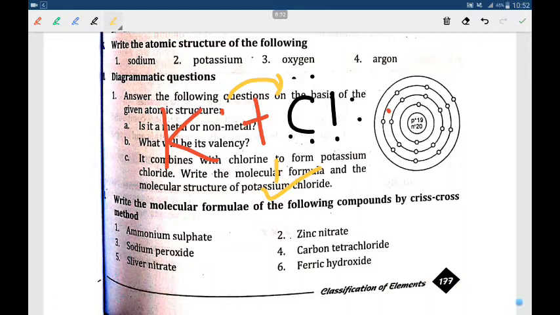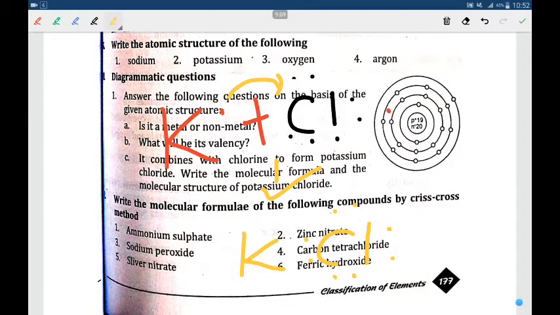Then combined, you can show here K, Cl 1, 2, 6, 7, 8. K is here already. Which state is it? Octet state. It is octet.